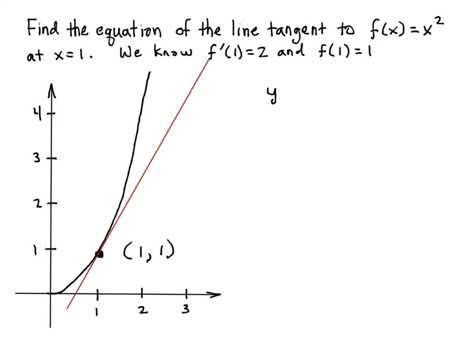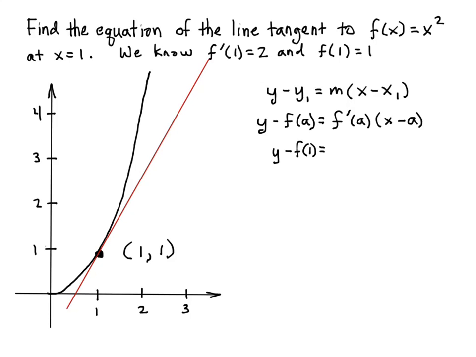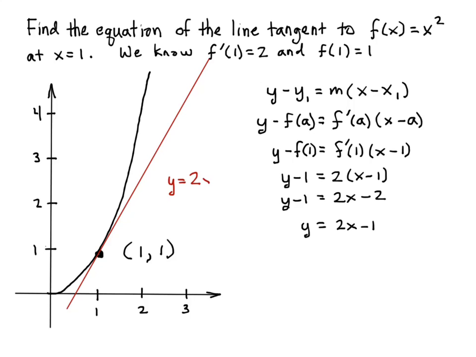There's that line. And so in the point slope form of the line, I have everything I need now. I have x1, y1, which is 1, 1, and then I have m, which is going to be 2. So if I just make my substitutions, what I ultimately get then is the equation y equals 2x minus 1.